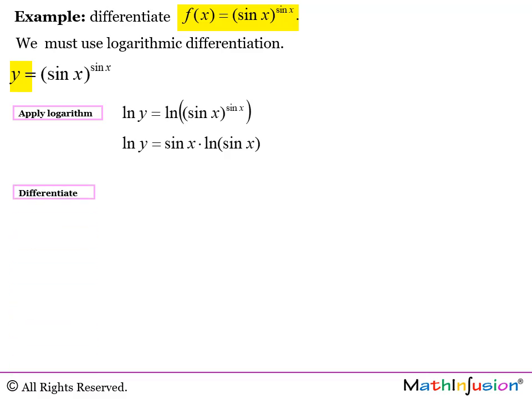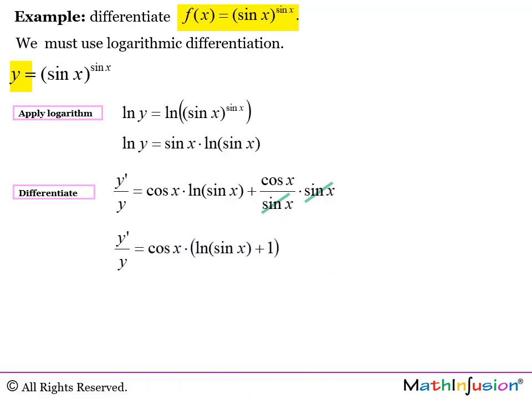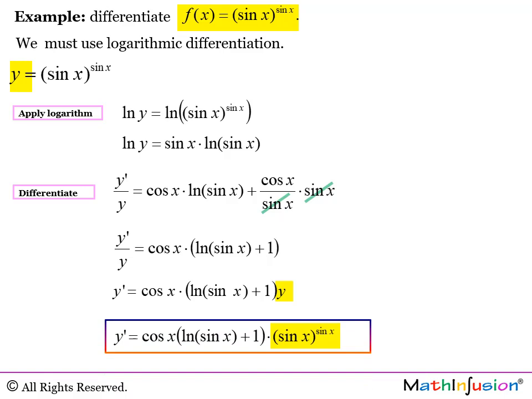And as usual, on the right side we are going just to apply the product rule. Don't forget that the derivative of ln of sine x is cosine x over sine x. As you can see, I can cancel that out, and I get that. Now I multiply everything by y, and now I'm going to replace y by the function f(x), and I get this.